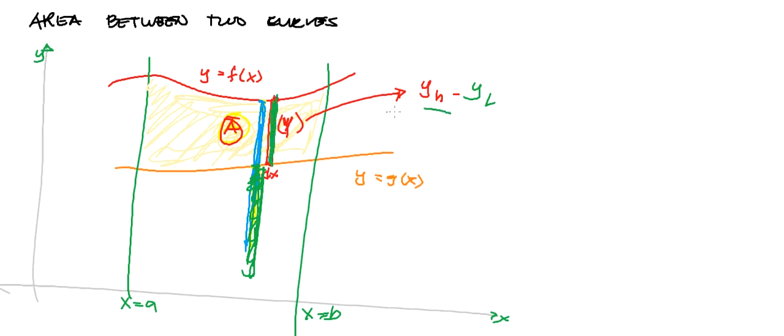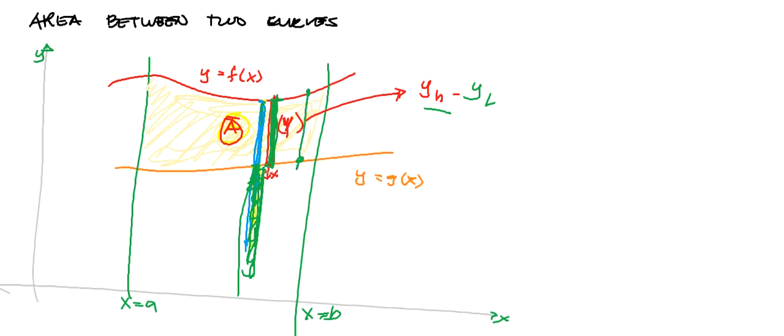Once again, it is the y-coordinate of the higher curve minus the lower curve, and then we can come up with this strip from the higher to the lower curve.